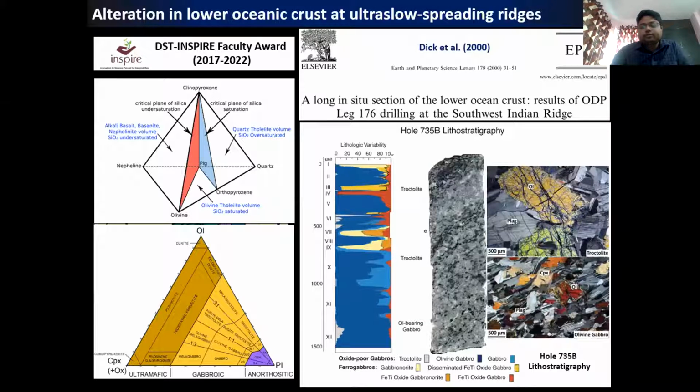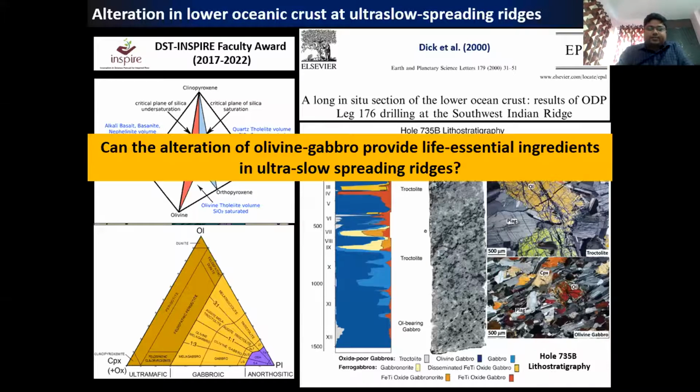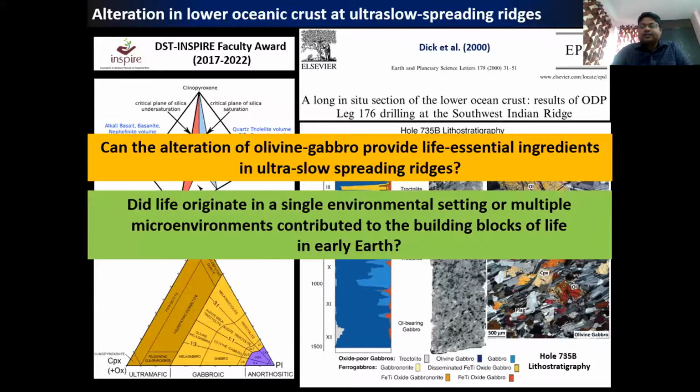So for the next few slides, I will show you that apart from your peridotite, we should also study this lower crustal part, that is olivine-bearing gabbro and troctolite, which can also be a potential source for at least the sustenance of life. And for that, the question that I am going to answer is, can the alteration in olivine gabbro provide life-essential ingredients in the ultra-slow spreading ridges?